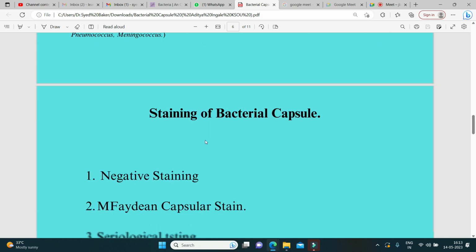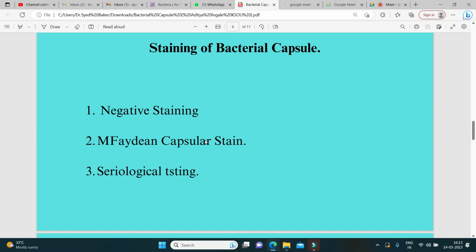So we have read up till now about what a bacterial capsule is, its composition, and its functions, and now we'll go to the staining or demonstration of the bacterial capsule. There are three methods by which we can stain a bacterial capsule. First is negative staining, second is the Anthony capsular stain, and the third is serological testing.